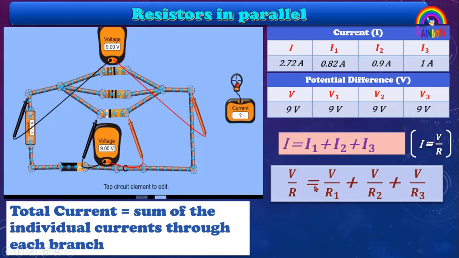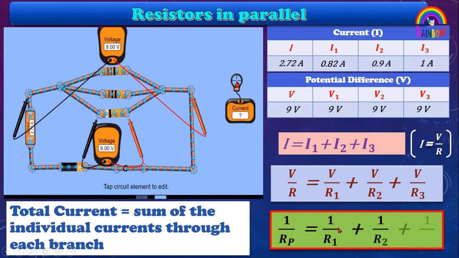If we take it out and write, V in the LHS and V in the RHS will get cancelled and we will be left with 1 by R is equal to 1 by R1 plus 1 by R2 plus 1 by R3. As it is a parallel combination, we can write the equivalent resistance R as Rp.